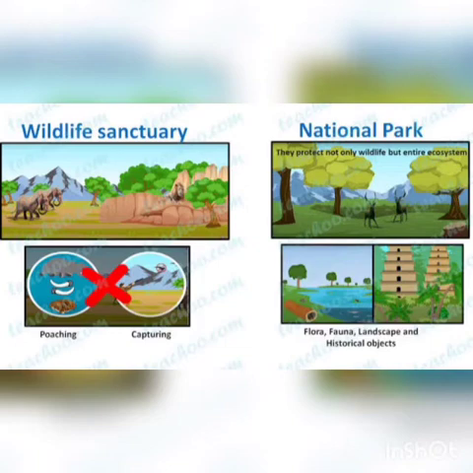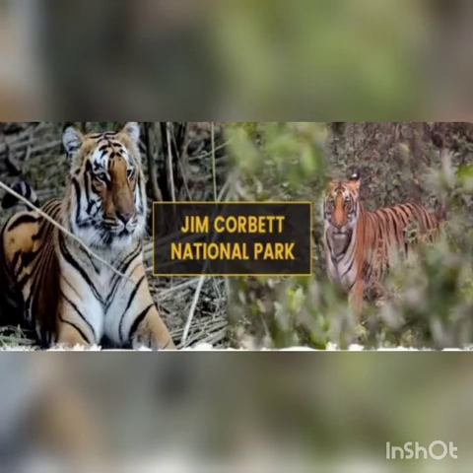Let us discuss the different national parks in India. The first park that I would like to talk about is Jim Corbett National Park. It is located in Uttarakhand. Where is the park situated, children? Yes, it is in Uttarakhand.